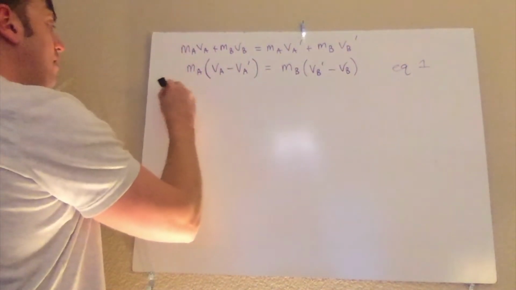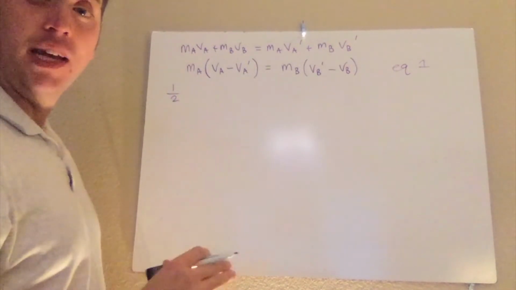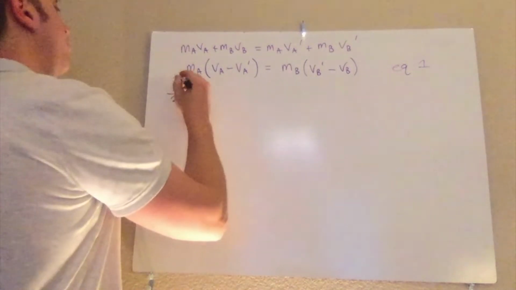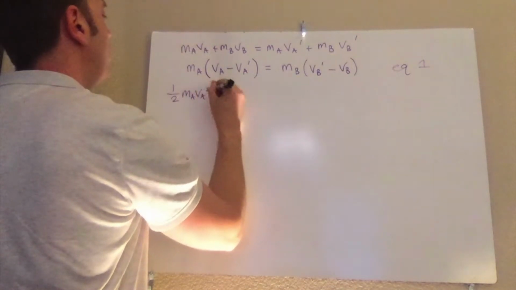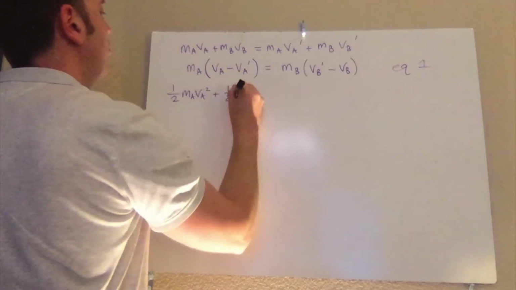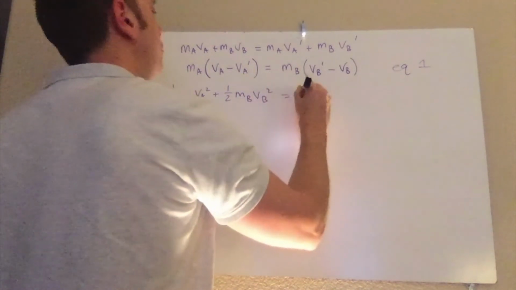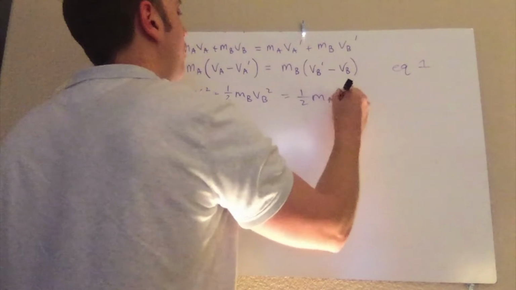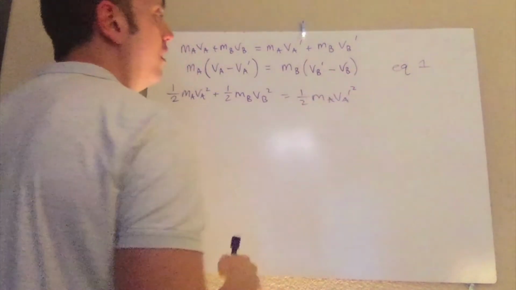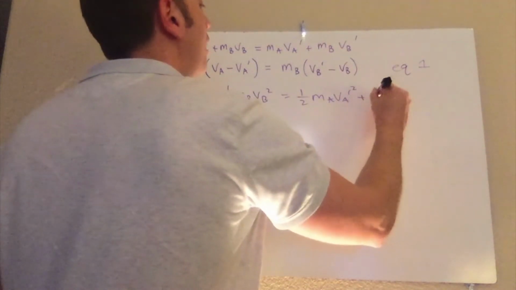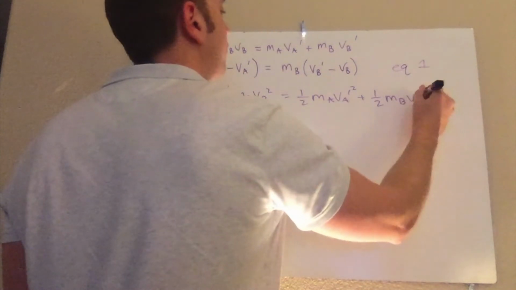We also had a second equation which said that kinetic energy is the same before and after the collision happens. So we have 1/2 MA VA squared plus 1/2 MB VB squared is equal to 1/2 MA VA prime squared, because now I'm talking about the final velocity, or the final speed, plus 1/2 MB VB prime squared.